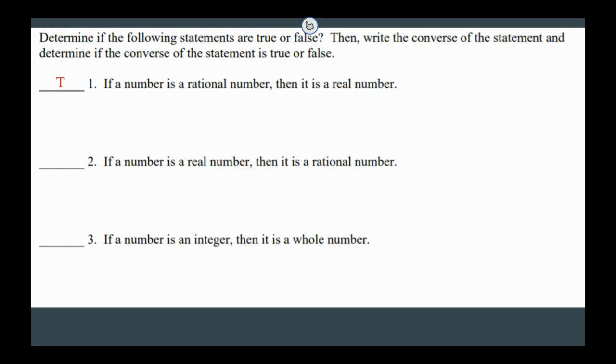Okay, let's read the directions though. It says then write the converse of the statement and determine if the converse of that statement is true or false. Do you remember converse from Miss Lashley's class last year? Everyone's favorite? Okay, what is a converse statement? It's where you switch them, right? So the converse of this one would be, if it is a real number, then the number is rational.